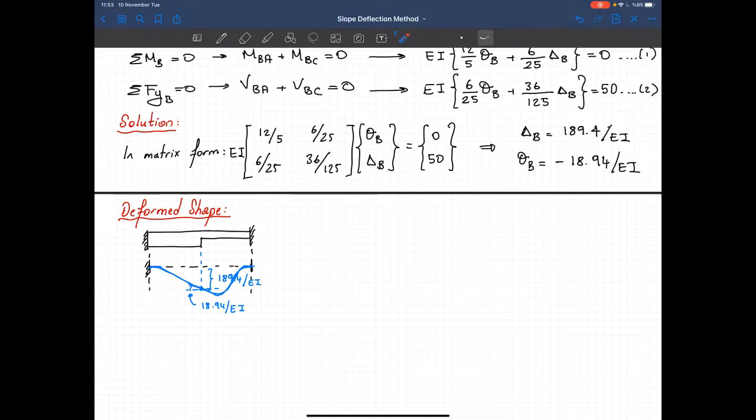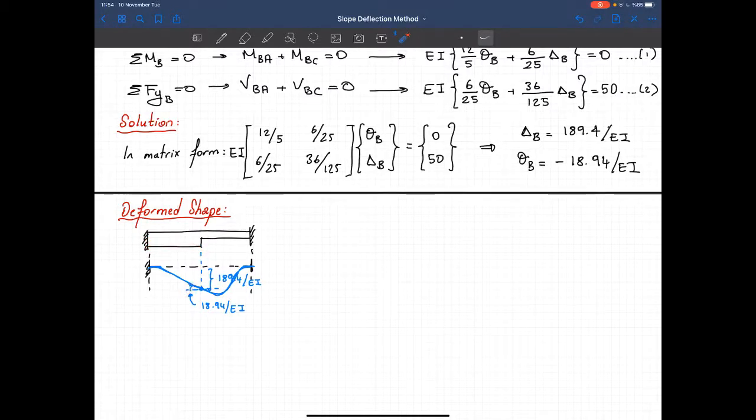Now let's exaggerate. This is a very strong member, like a concrete beam, and I'm attaching a very weak member here. How does it deform? This will carry very little load, and I expect to see a deformed shape of this member as a cantilever. If it deforms like a cantilever, I would expect to see a clockwise rotation here, which I did.